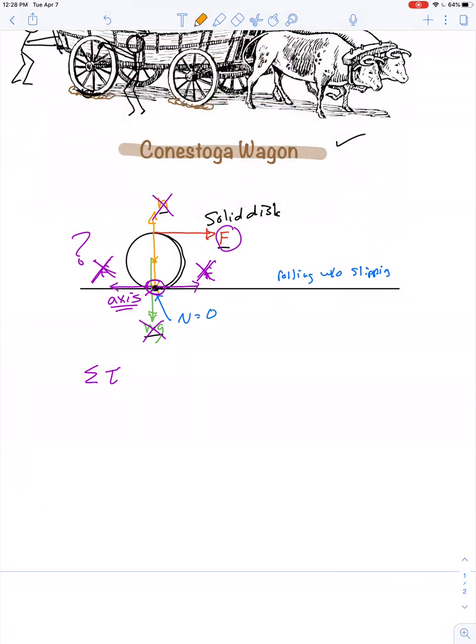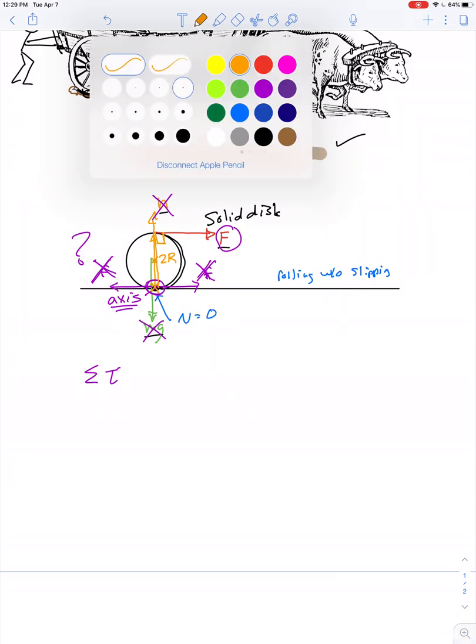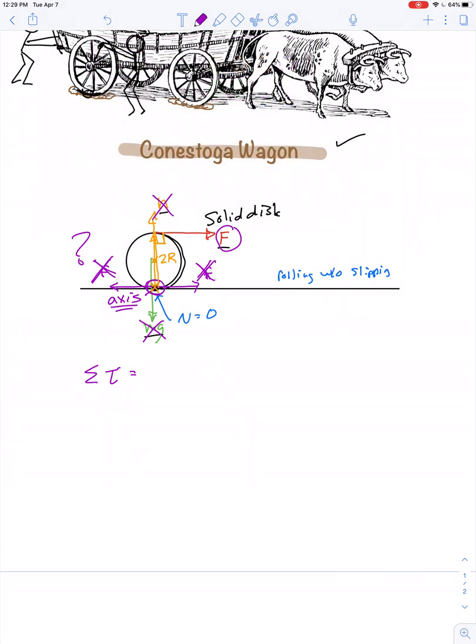What's the distance from the axis of rotation to the point where the force is applied? That would be 2r. They meet at a 90-degree angle, so our net torque is equal to 2Fr sine of 90, so I won't bother writing that. Net torque can be substituted with I alpha, so I alpha is 2Fr.